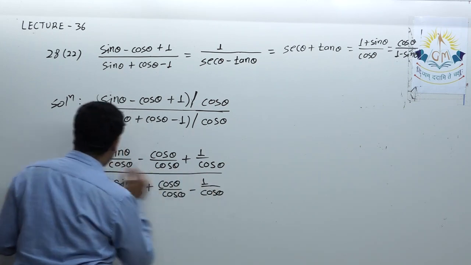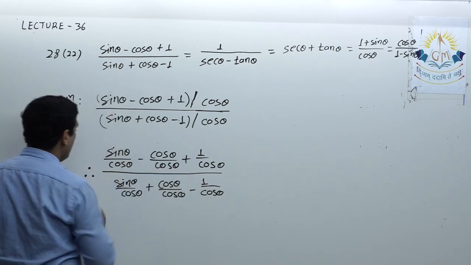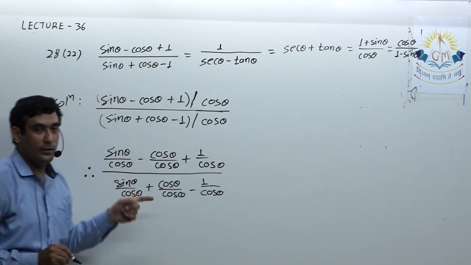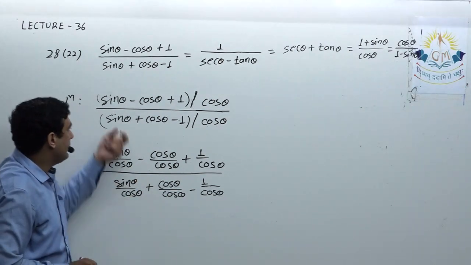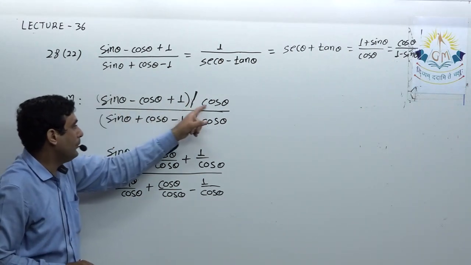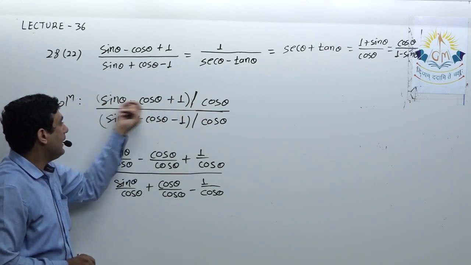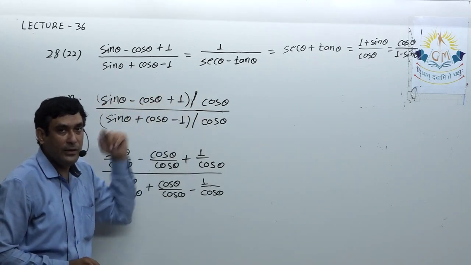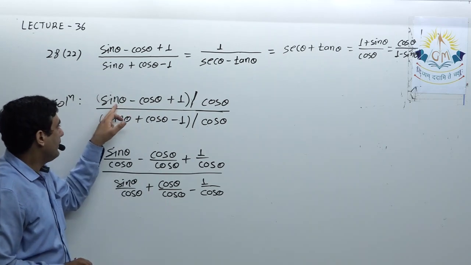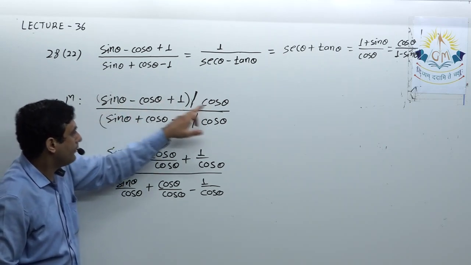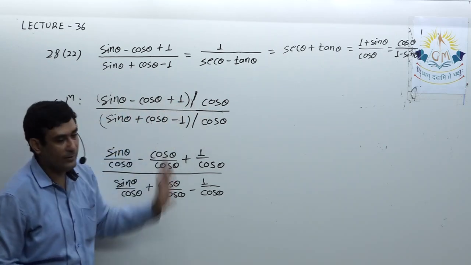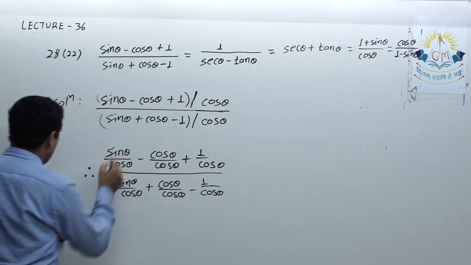What I did was divide the numerator and the denominator by cos theta. I wrote this step for your better understanding. When I divide any expression by cos theta, each and every term of that expression is divided by it. So here sin theta is divided by cos theta, cos theta is divided by cos theta, 1 is divided by cos theta. So this is the expression.